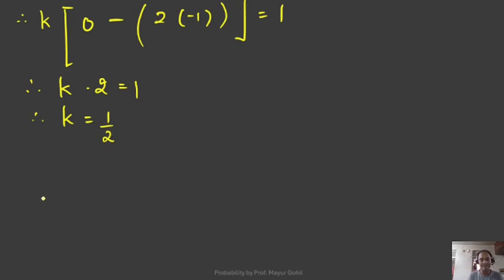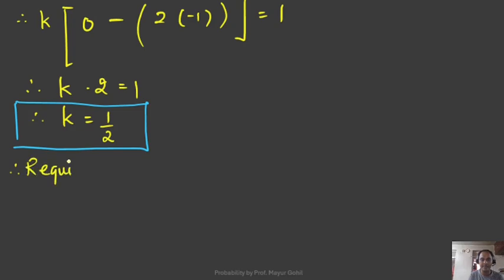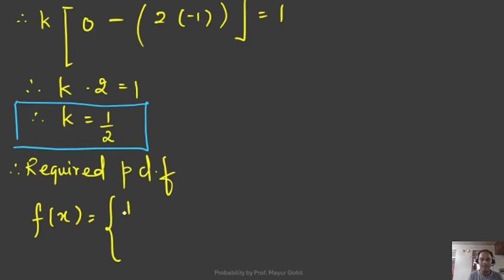Now once we have the required value of k, we will write down the required PDF. That is the PDF we will now be focusing on. The required PDF will be f of x equals half times x squared into e raised to minus x, where 0 less than or equal to x.